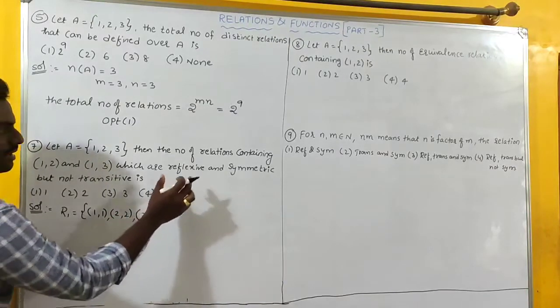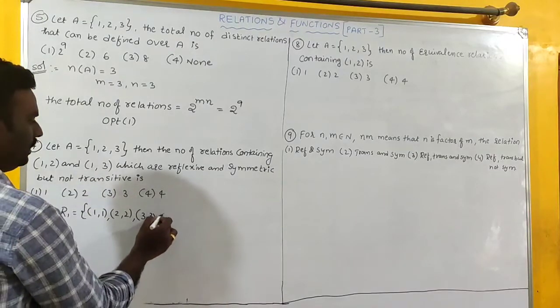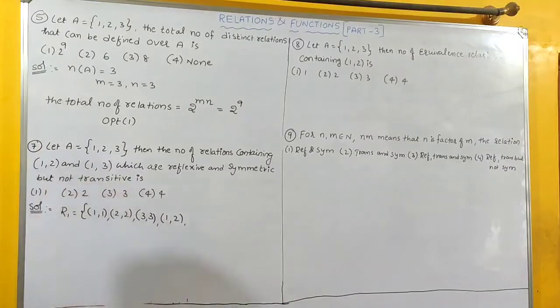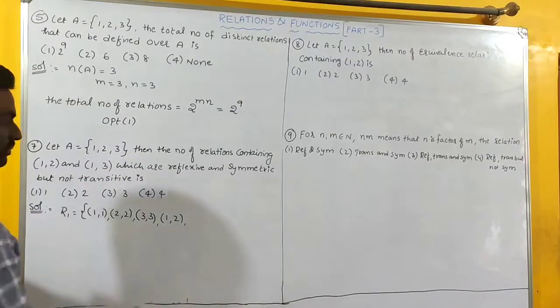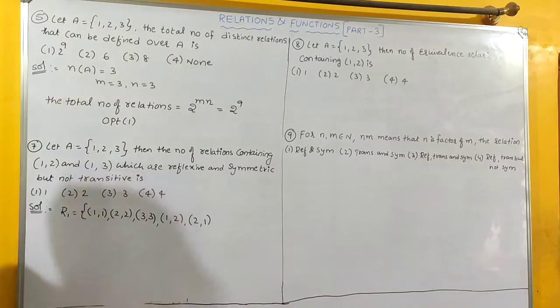Then only it is called reflexive. Next, symmetric. Okay, if I take (1,2), what is the reciprocal of (1,2)? (2,1).